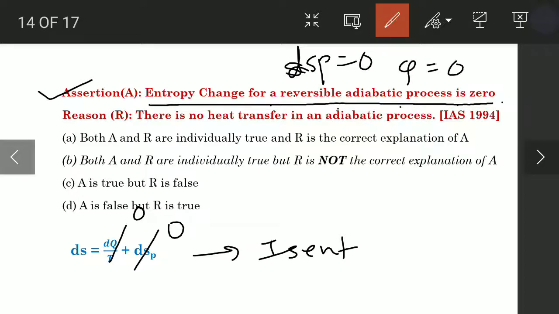This first statement is correct. Second, there is no heat transfer in an adiabatic process. That is also true. But R is not a correct explanation for A. Both A and R are individually true, but R is not a correct explanation of A. So option B is correct.